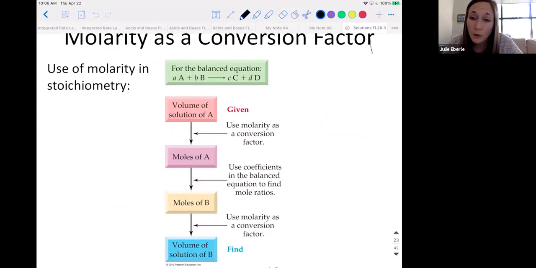Here it's between moles and volume using molarity, okay? Autumn says I use M1V1. Okay, yeah, you can't use M1V1 equals M2V2. Here's why. You have to use a mole to mole ratio, okay?